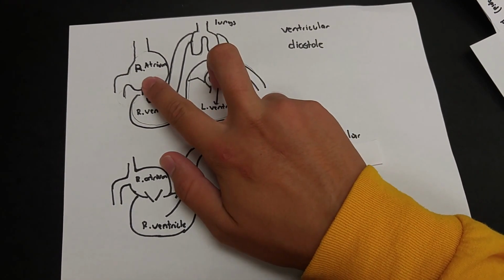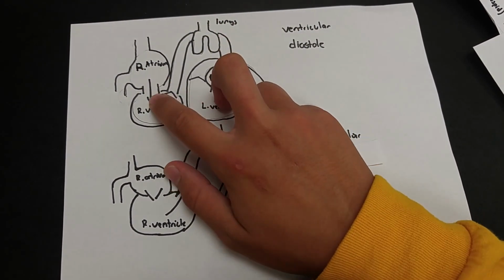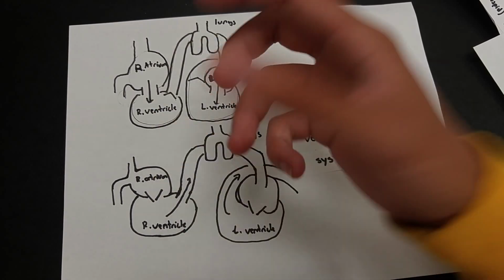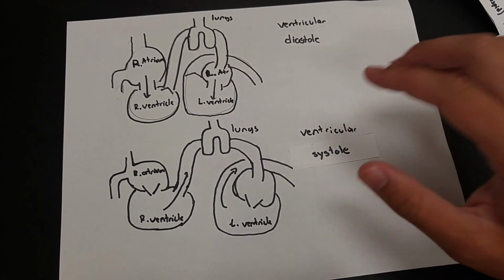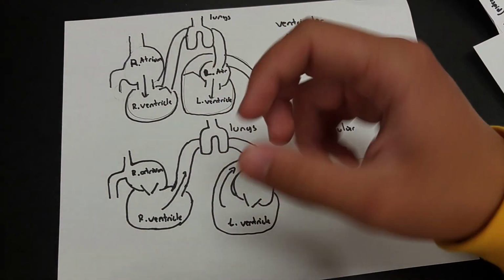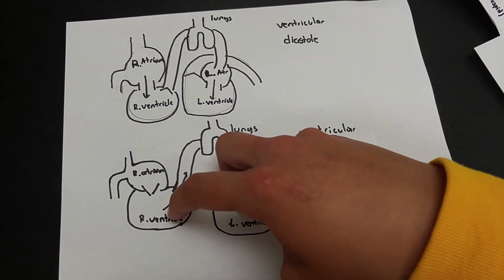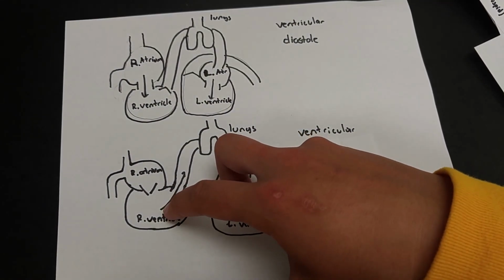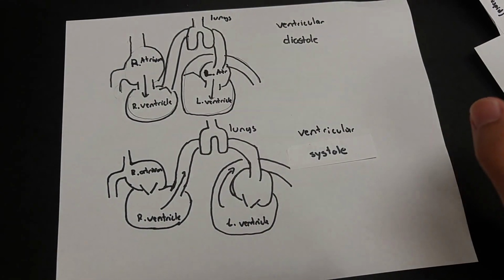As you can see here, the two atria contract together and send blood to the ventricles, so the ventricles are refilling. That's ventricular diastole. Now ventricular systole is when they contract and send their blood out. Right now, they just got blood from the atria, so they're full, and now they're going to contract and send their blood out, and that's systole.